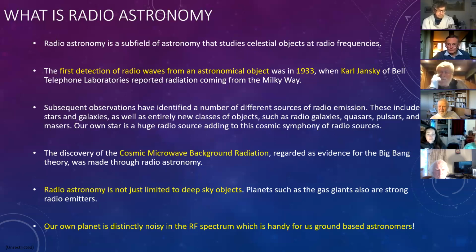So that's another area that we can look at in terms of radio astronomy, and that's a pretty simple one. And closer to home, our own planet is also distinctly noisy in the RF spectrum, which is handy for ground-based astronomers like us under clouds. There's some fascinating stuff that goes on in our atmosphere, ionosphere, and magnetosphere, and it doesn't take a huge amount of effort to pick that up using some simple equipment.